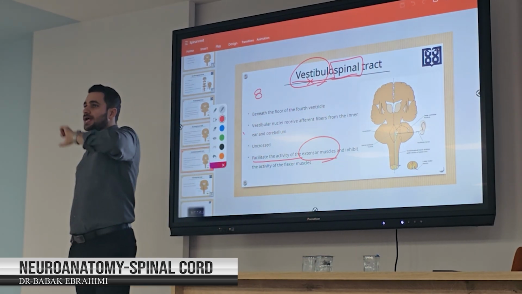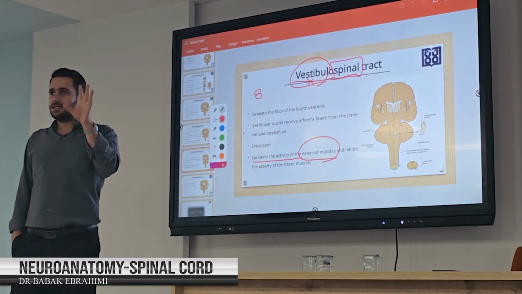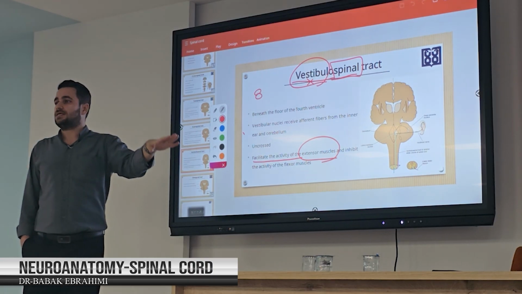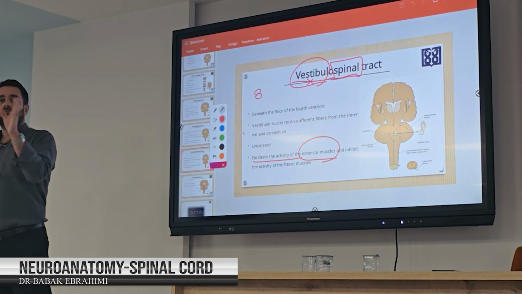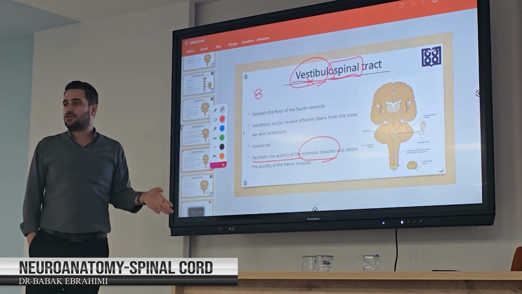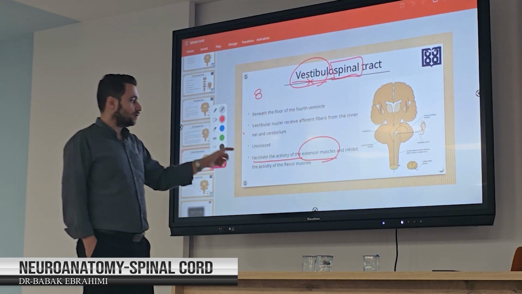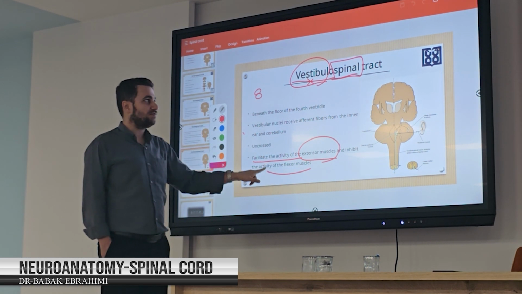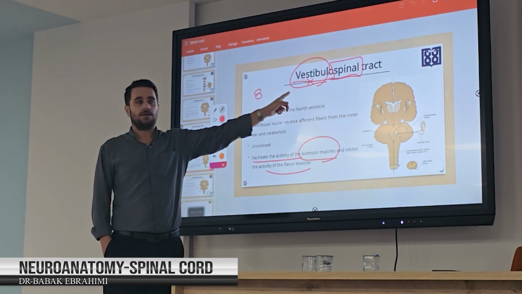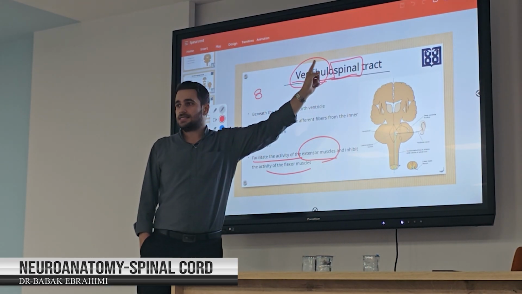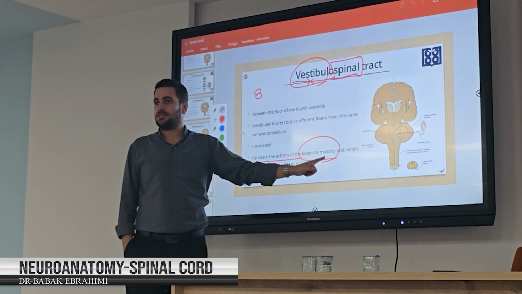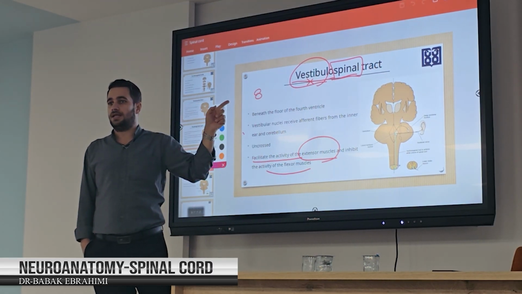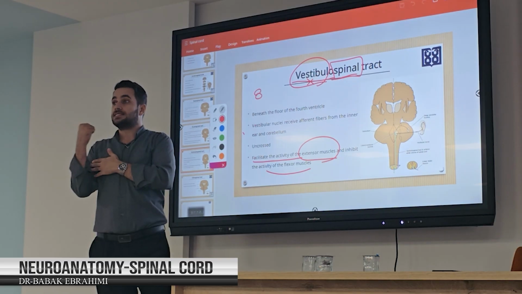If you want to transmit sensory information, we have a specific tract for pain, for temperature, for light touch, for pressure, and also for the movement of muscle. Vestibulospinal facilitates the extensor muscle, and rubrospinal facilitates the flexor muscle.